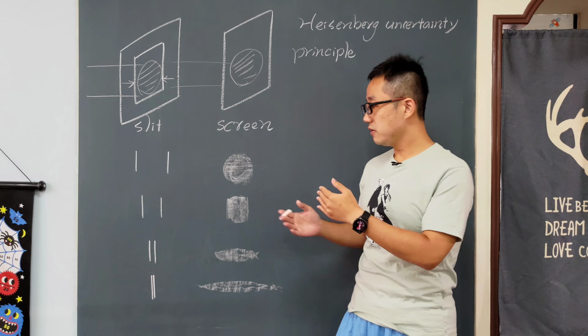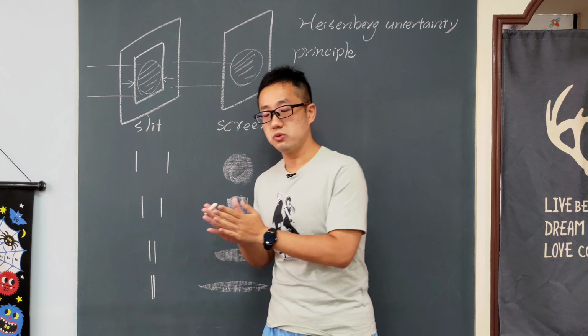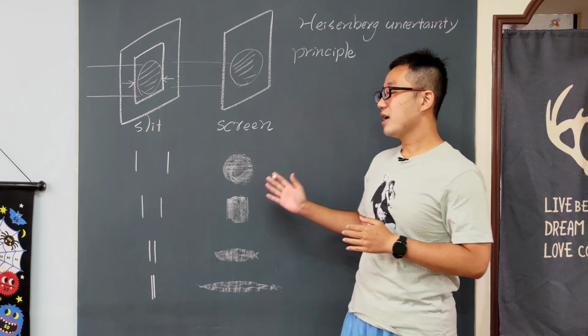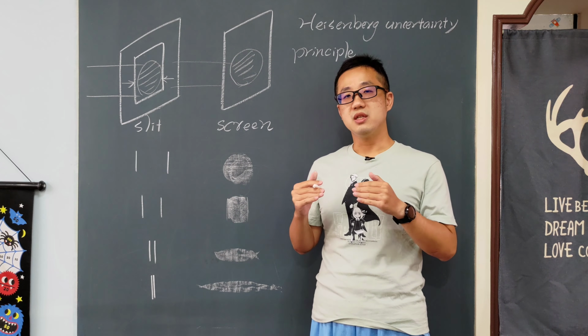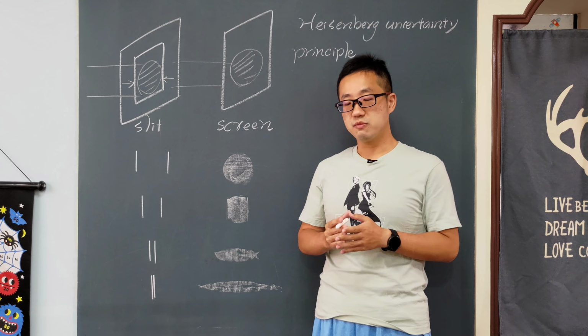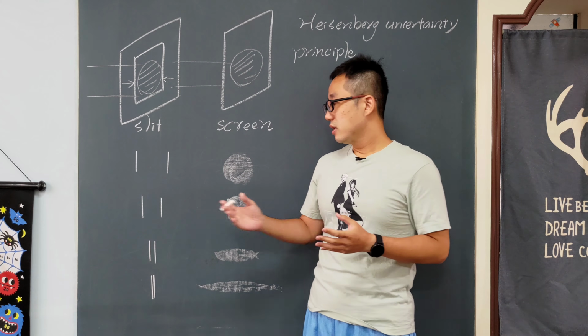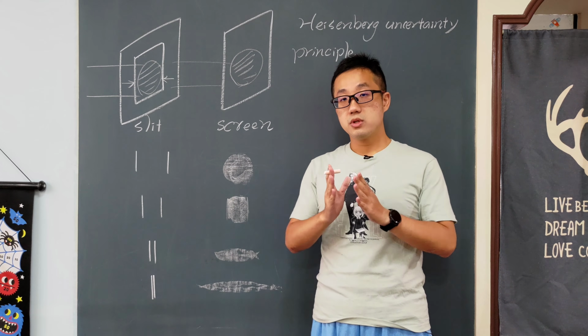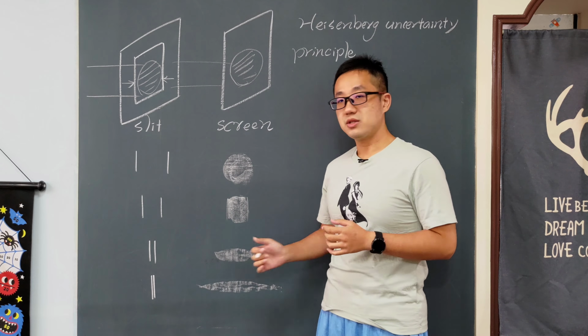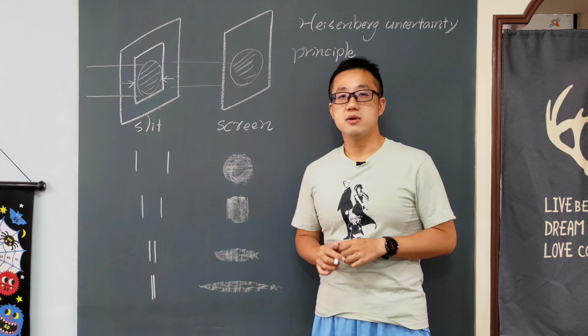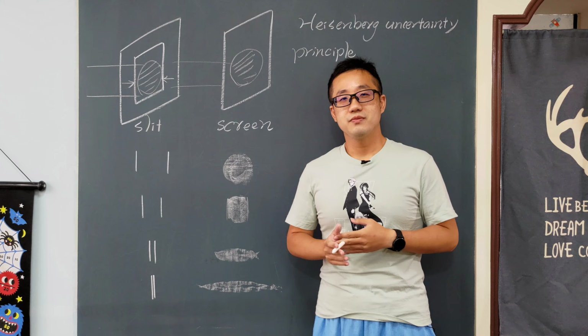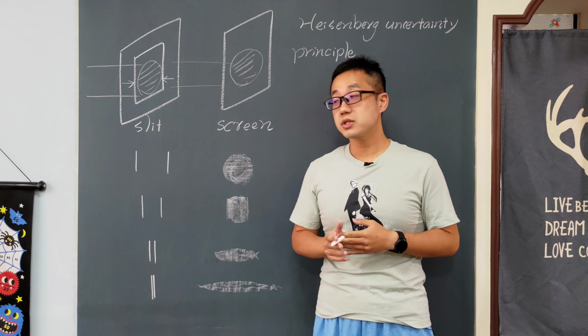But somehow, when your slit gets very narrow, your pattern no longer tends to be narrow anymore, somehow it tends to be even wider. So as your slit gets narrower, your pattern gets wider and wider. That's really non-intuitive. But that's the way the world works.